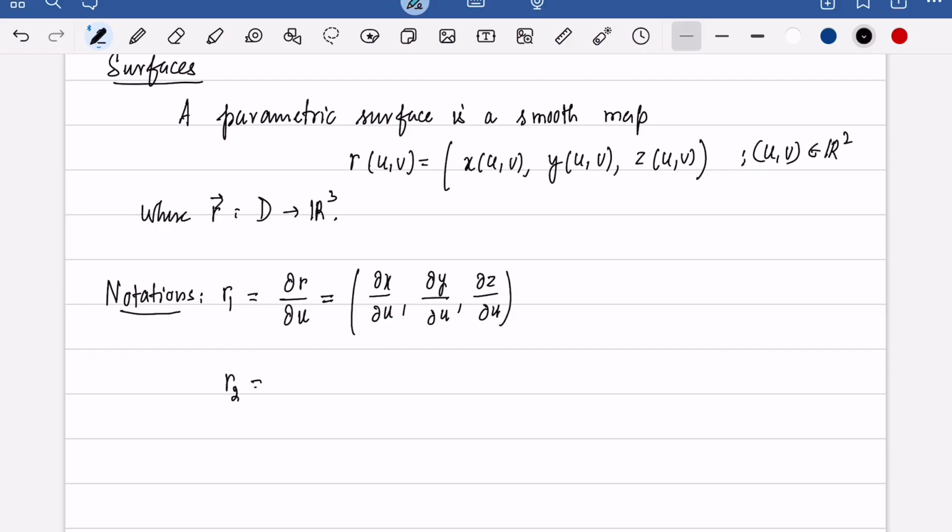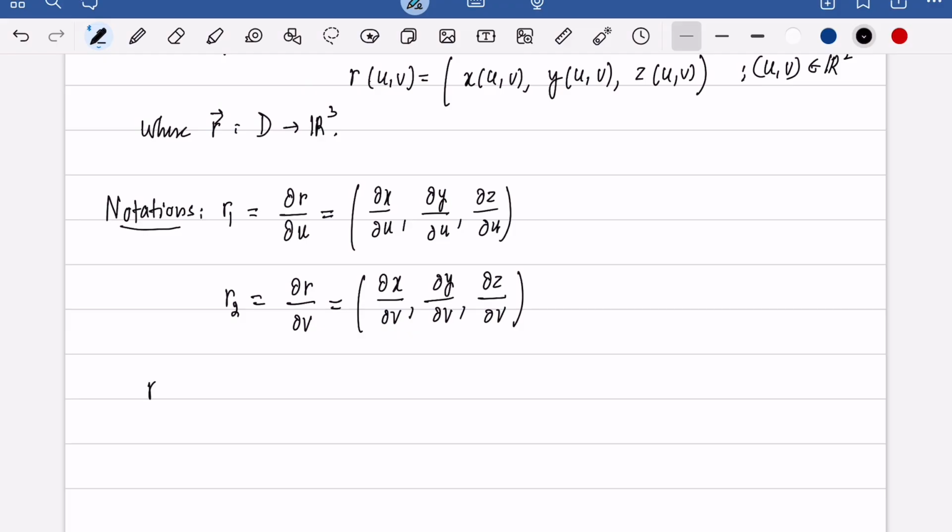Similarly r2, the first derivative of r with respect to the second independent variable v, will be (del x by del v, del y by del v, del z by del v). Similarly, the second order derivatives: r11 is equal to del squared r by del u squared, r12 is equal to del squared r by del u del v, and r22 is equal to del squared r by del v squared. Since our map is smooth here, we will have r12 same as r21.